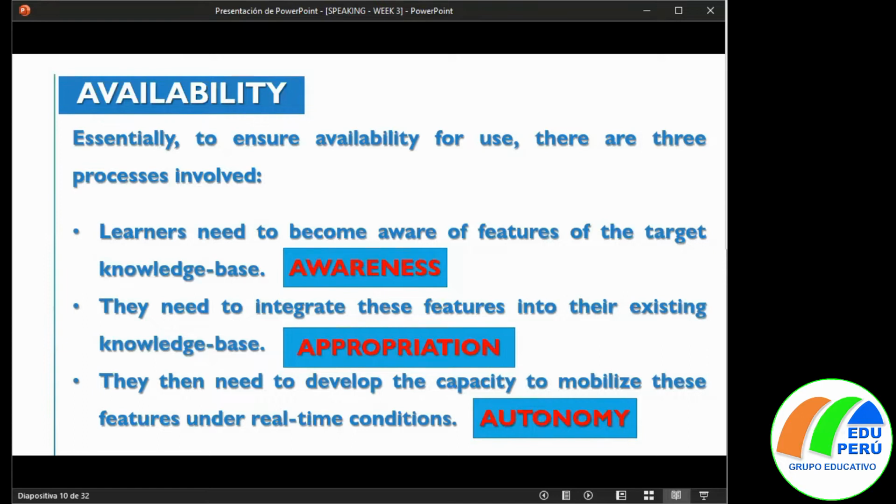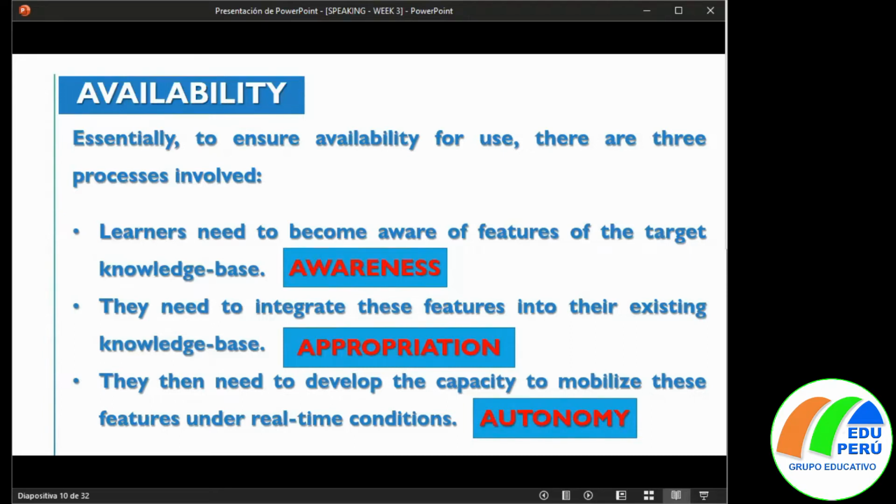So something similar we have to do with the language, the structure, the patterns that you're learning. After being recognized, identified, or you are aware of these characteristics, now you need to appropriate them, to internalize them, right? And after this internalization, now you have to be able to mobilize, to use, to apply these features under real-time conditions.